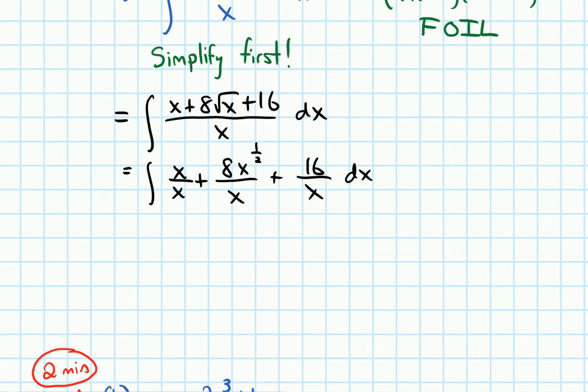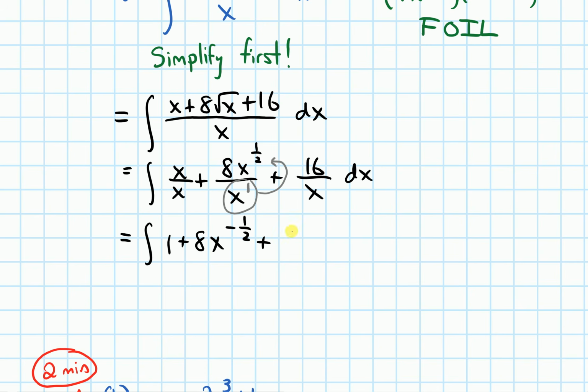All right, so I can simplify this a bit. x over x, that's 1. With the next term, the x on the denominator is x to the 1. And if I were to bring that up to the numerator, the exponent becomes negative. So that'll leave me with plus 8x to the negative 1/2.